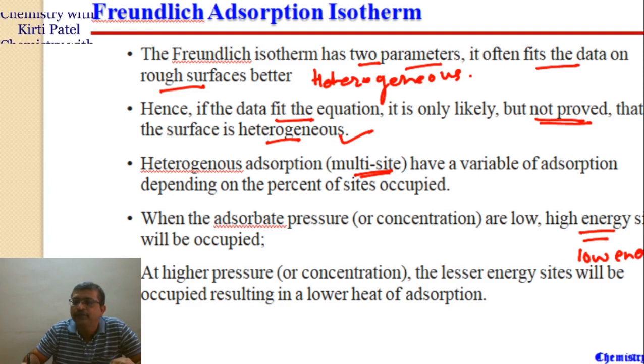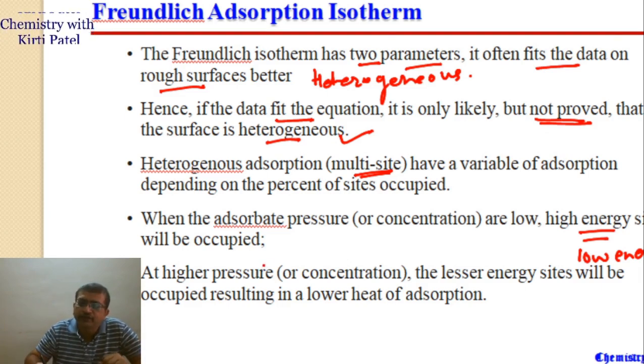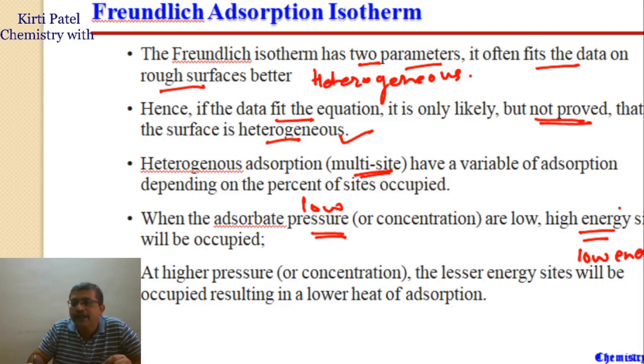So there are multiple types of sites, from very high energy sites to very low energy sites. In that case, when the adsorption takes place at low pressures, it is the high energy sites that get occupied first.